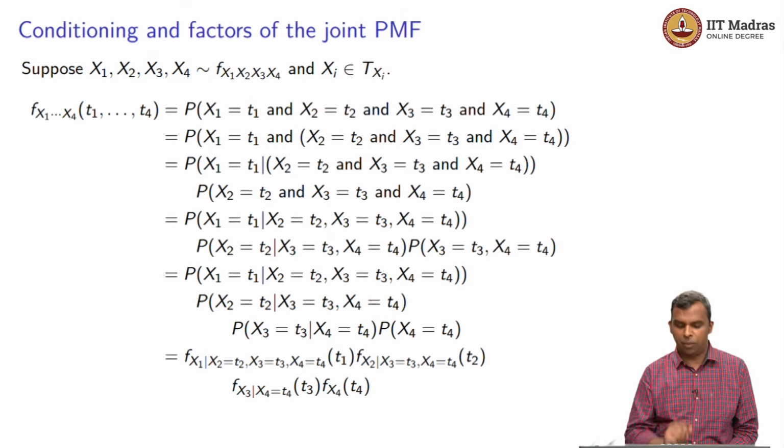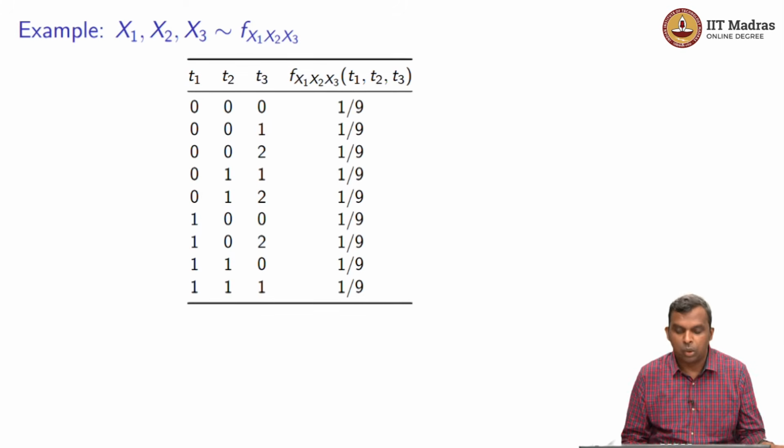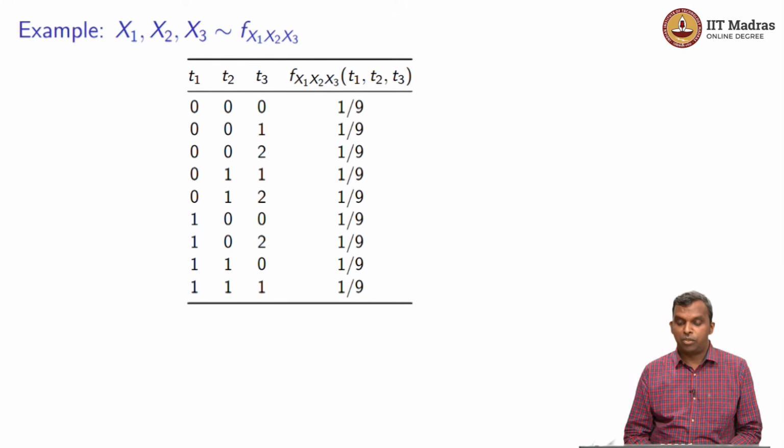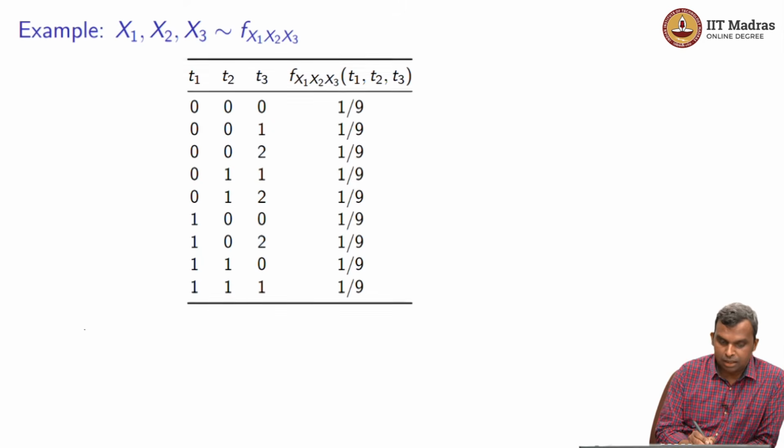The factoring itself seems to have enough variety here. So let me show you some examples of this factoring and show how particular cases work out. Let's look at f x1, x2, x3. Let's start with the simplest possible one, 0, 0, 0.